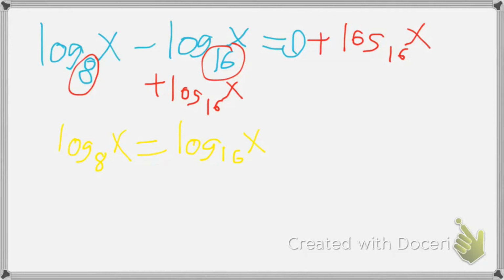When you have this, there's a property called the change of base property. What the change of base property does is that it changes the base of the logarithm. Because these two are different, we want to make them the same base.